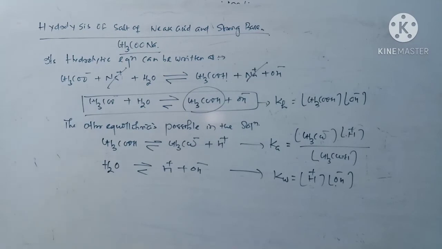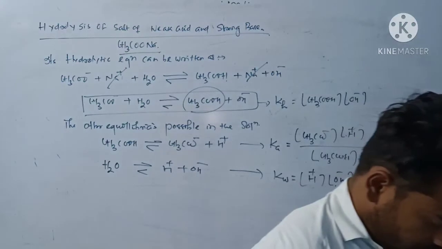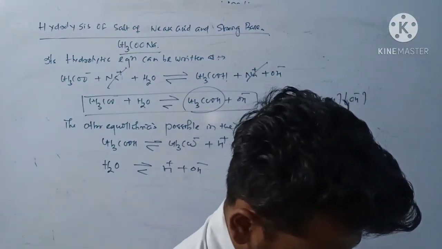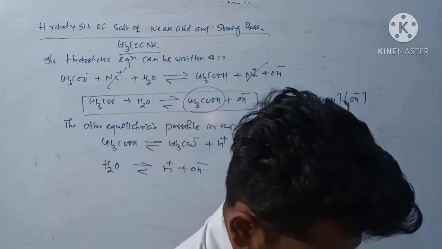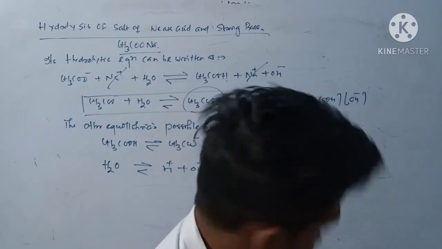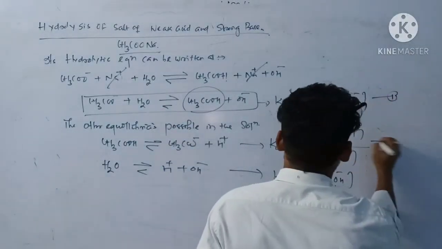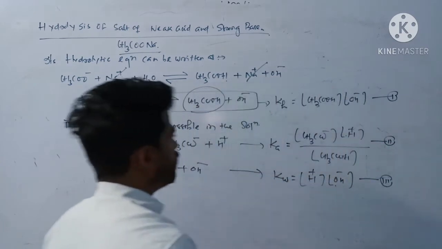Now if I need to find out the hydrolytic constant KH, then what will be its value? So this is, let's say, equation 1, this is equation 2, and this one is equation 3.